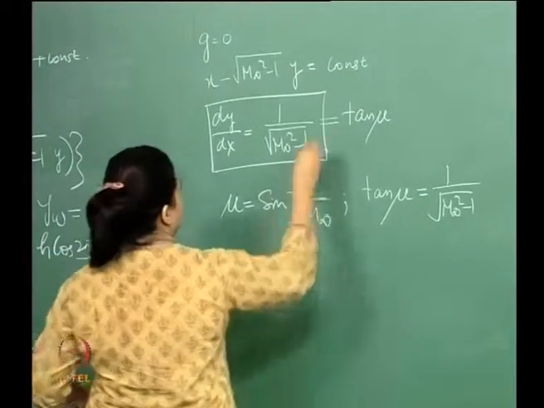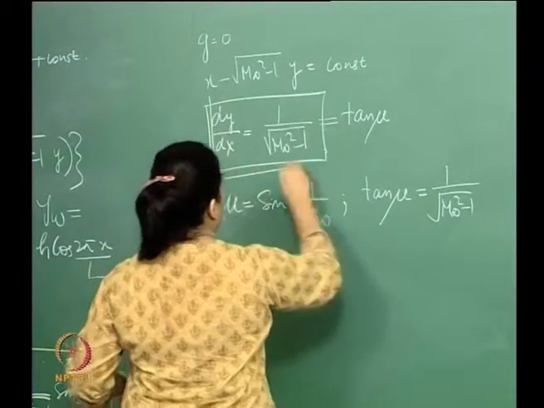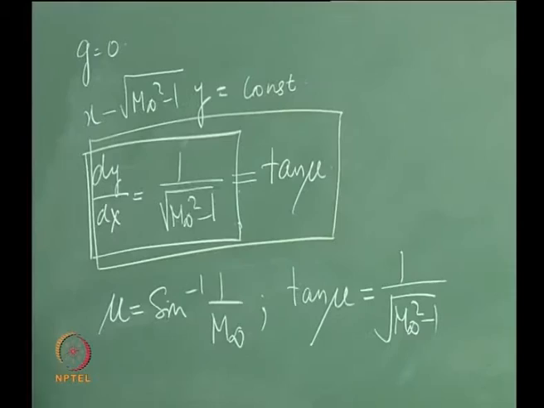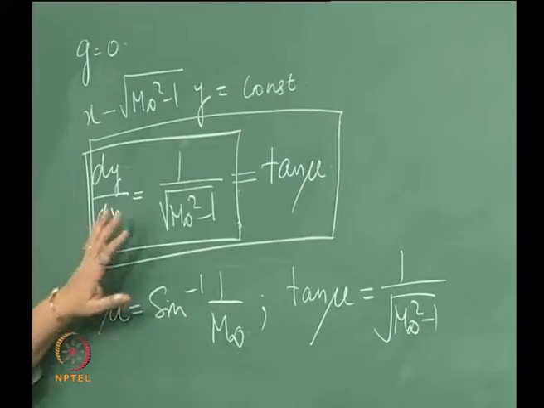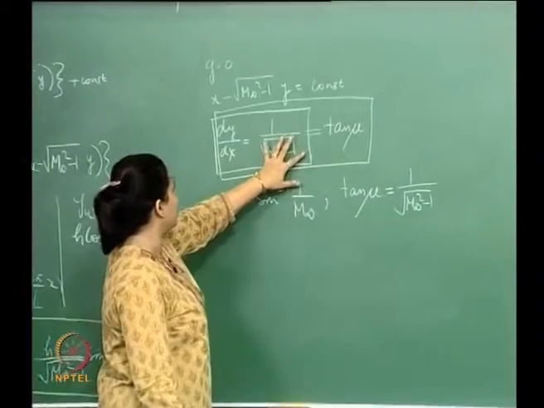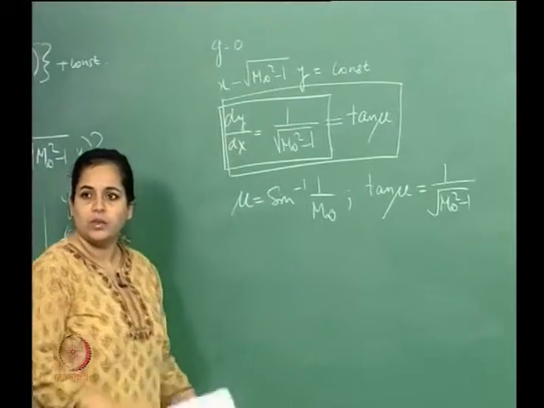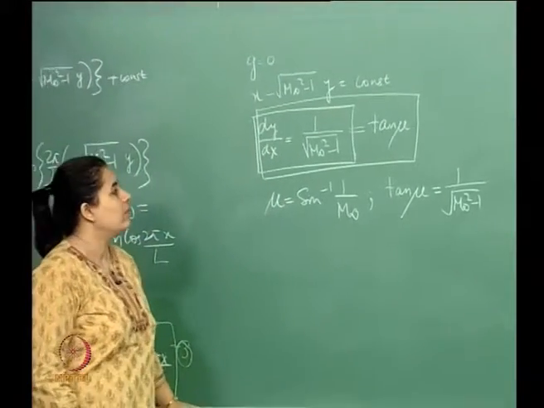Let us box the entire thing. So dy by dx is given by this, and the slope is also equal to the tangent of the Mach angle.